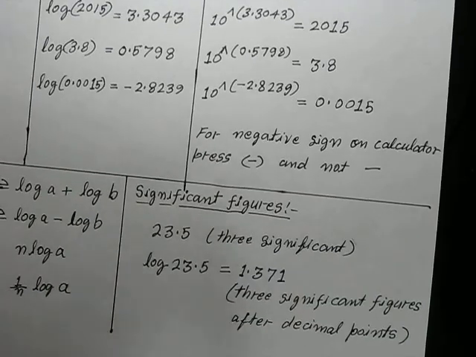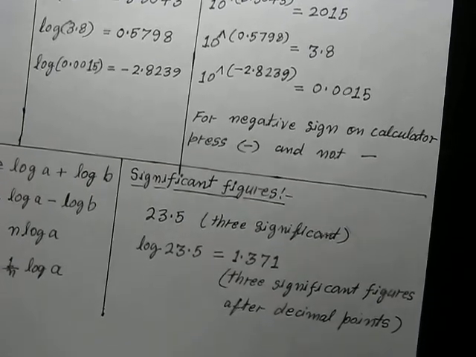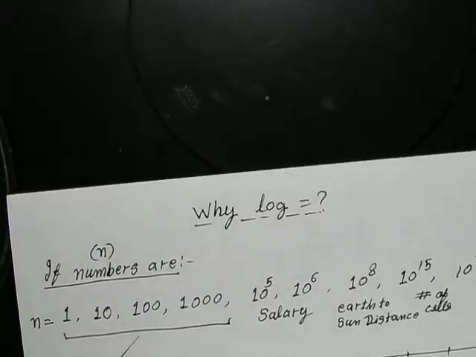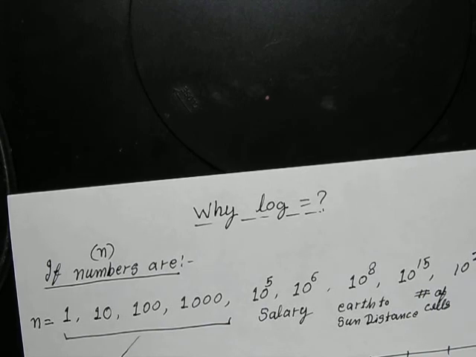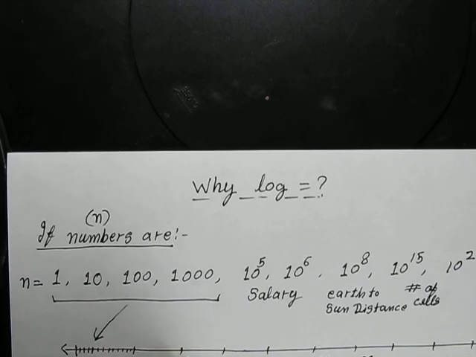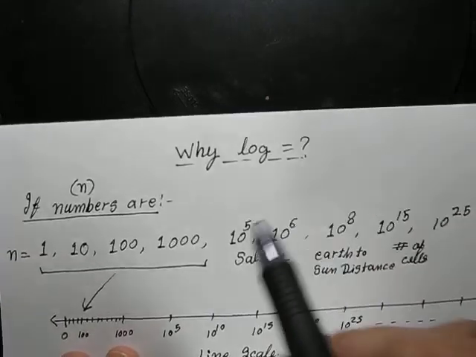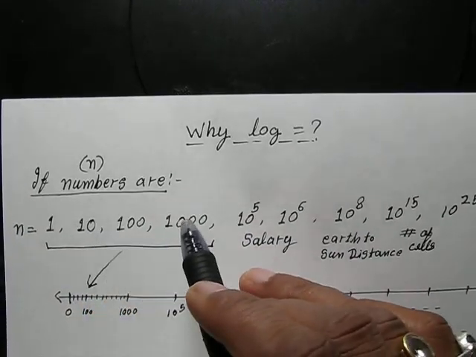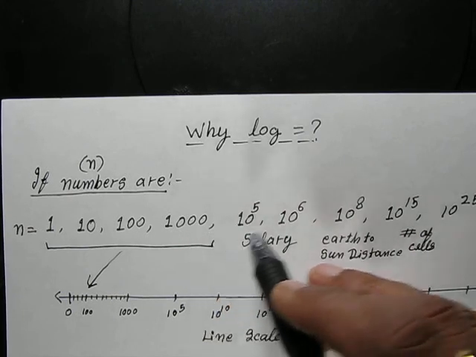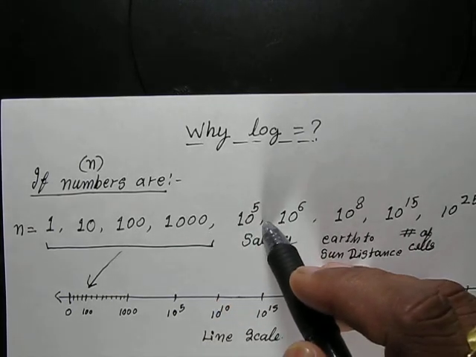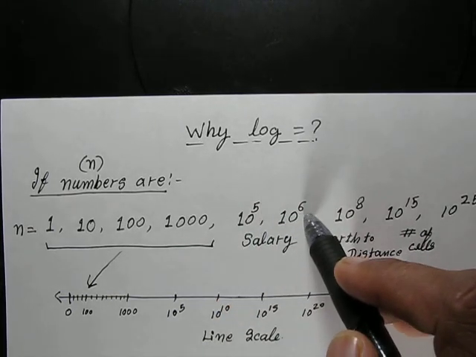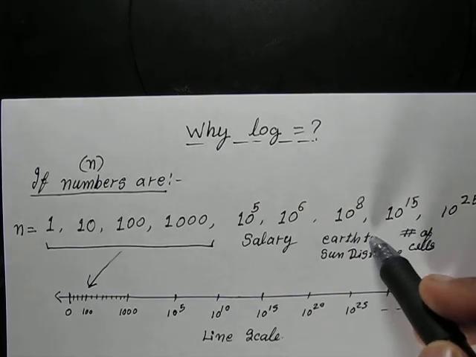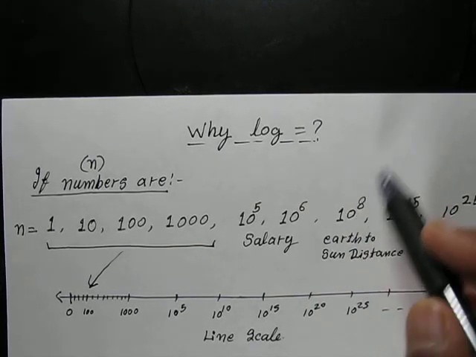Now you can ask the question: why are we using log values in math? So why log? For example, if we have to plot these numbers 1, 10, 100, 1000, your salary will be between 10 to the power 5 and 10 to the power 6. The Earth to Sun distance is about 10 to the power 8.